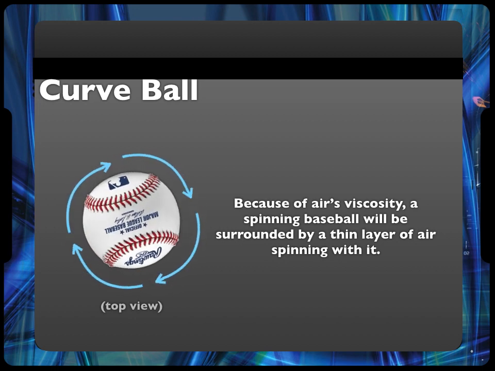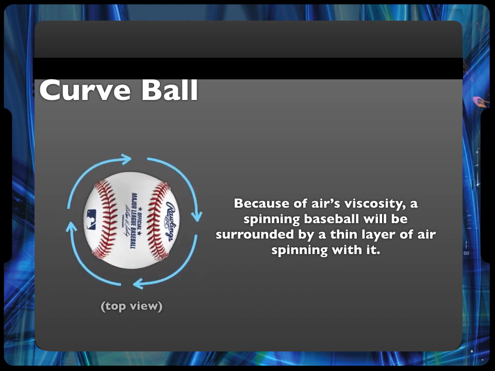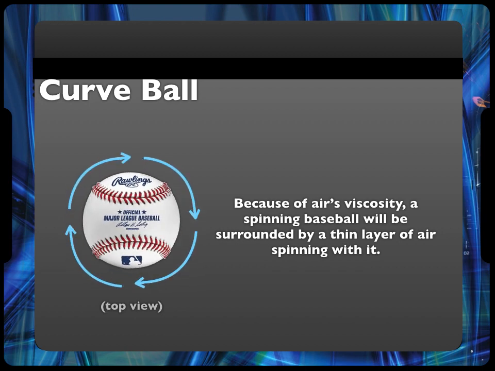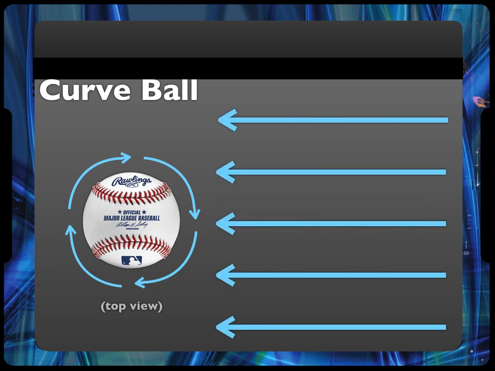So there's the air spinning with the baseball. As the baseball moves through the air, it is dragging this sticky air with it. Of course, the baseball will be flying into a strong wind. With respect to the ball's frame of reference, it's flying into a strong wind. There's the strong wind right now.